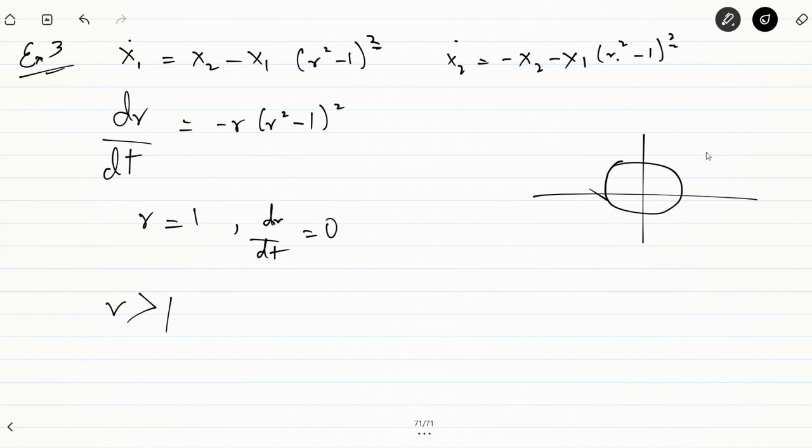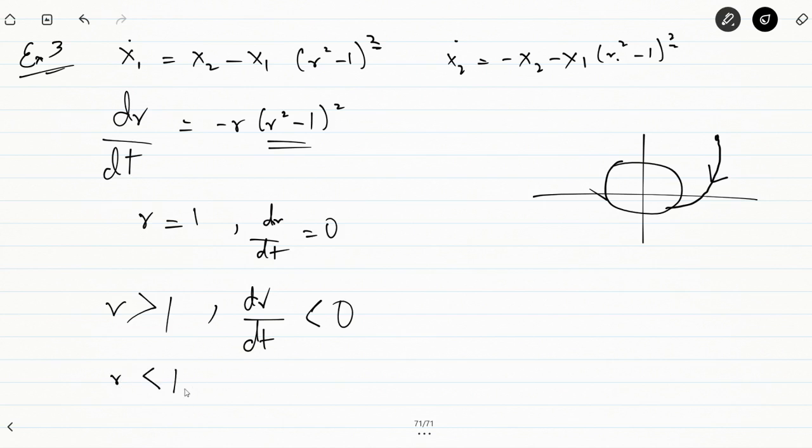If you start from anywhere outside this unit circle, initial condition lies outside this loop, for r greater than 1, dr by dt will be negative. ठीक है, so that means कोई भी पॉइंट इससे बाहर होगा, that will move towards this circle. Fine, जैसे पहले केस में भी था.